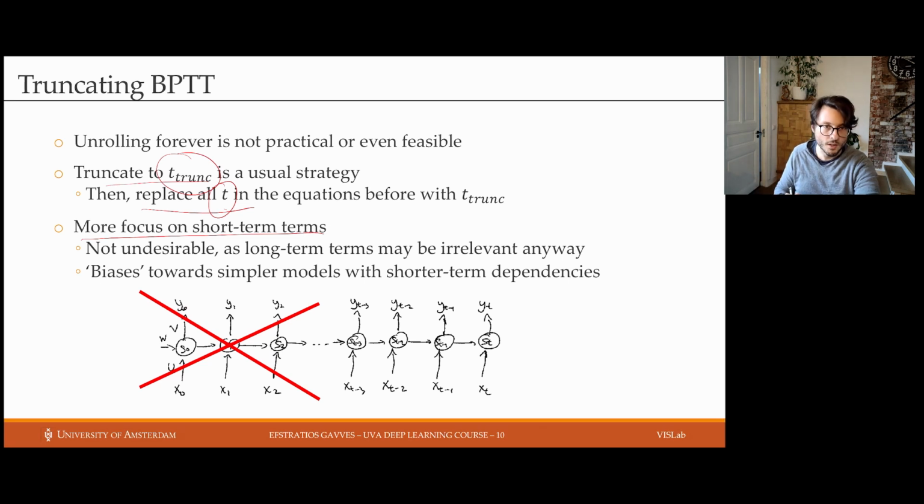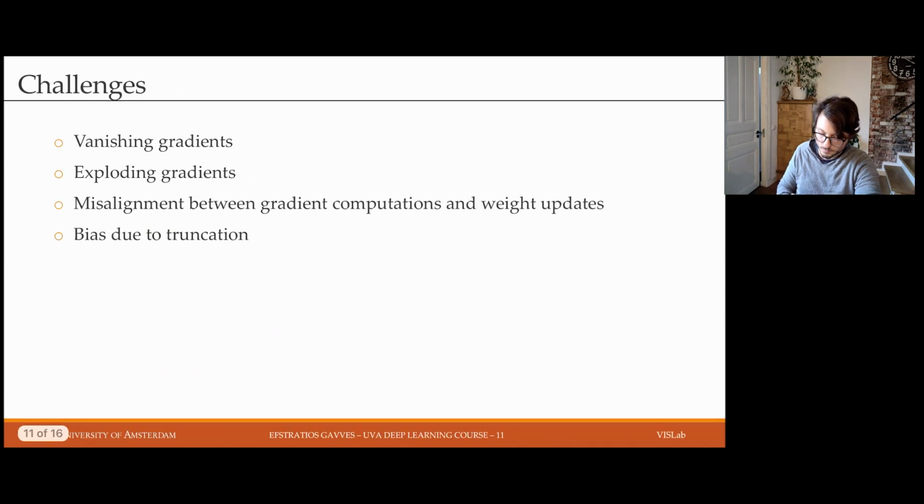Some context is required, but that's it. So ignoring the long term is not necessarily a bad idea. However, that said, we do now have some bias introduced towards simpler models with short-term dependencies. So that's something to keep in mind.